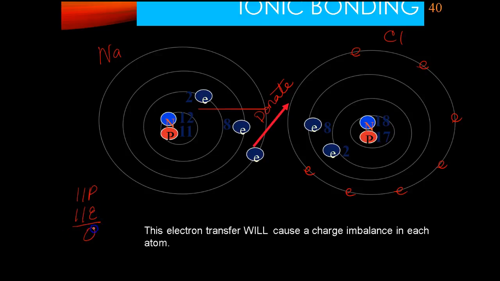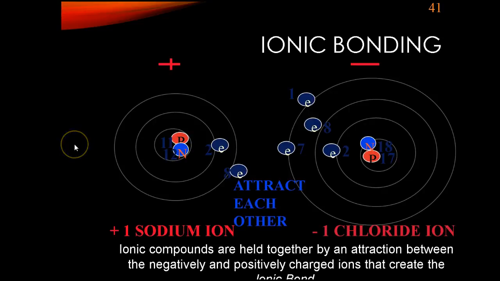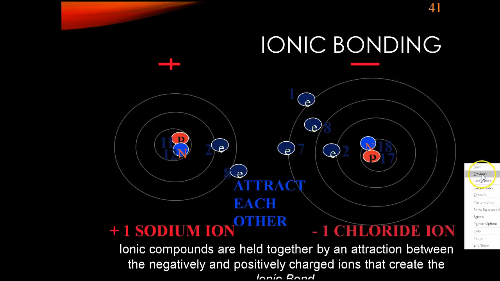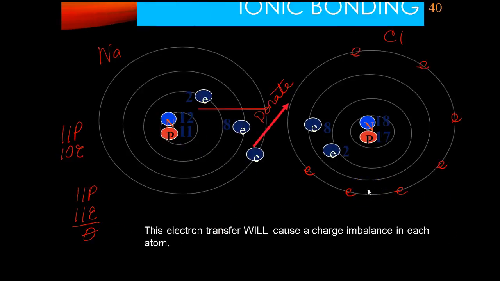It was electrically neutral, but he has given one away, so you have 11 protons and now only 10 electrons. So now he's going to become a +1. So we'll see that in just a minute.